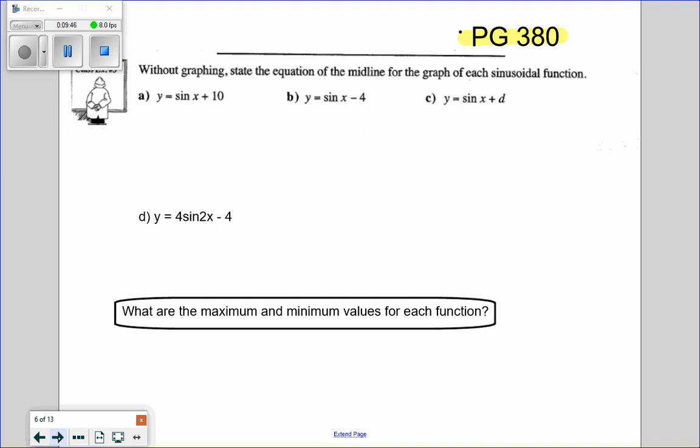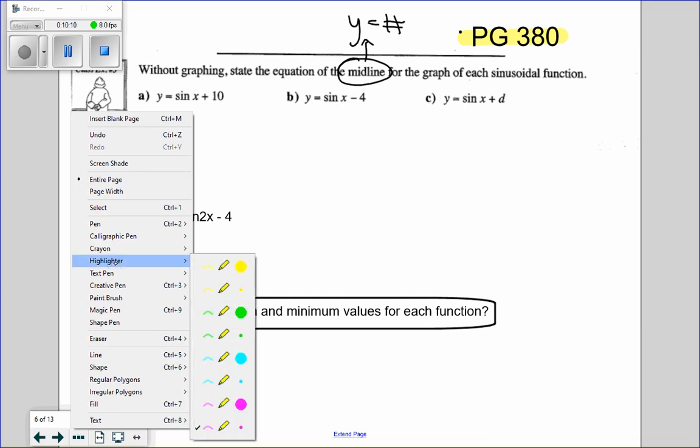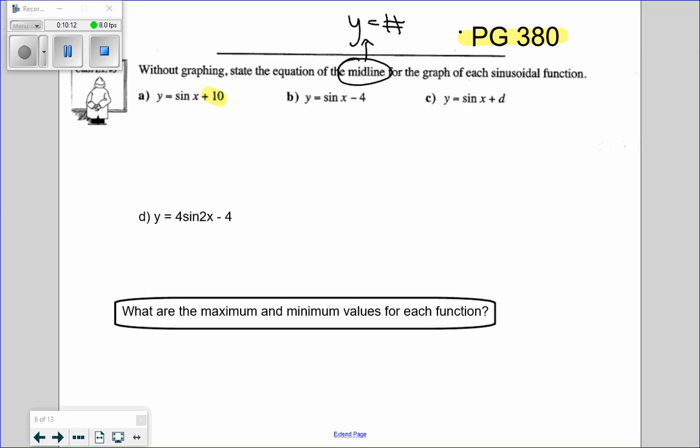Okay, so the midline, as an answer, will always be y equals a number. It's going to be a horizontal line that divides your graph into two equal sized chunks. The midline is always, always, always this number here. It's always the very last thing that you see in your equation.